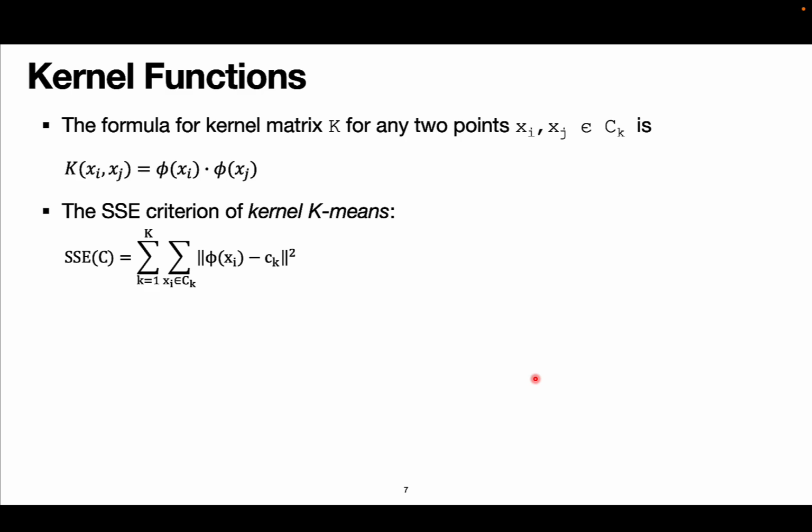Moving to the formulas, the kernel K-means algorithm is expressed mathematically in terms of the kernel function.